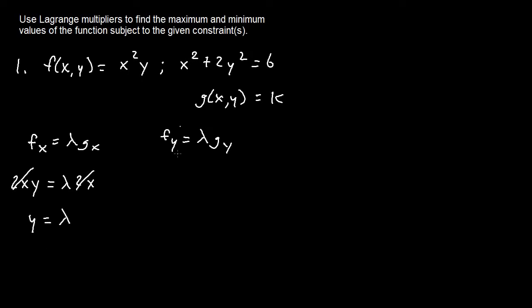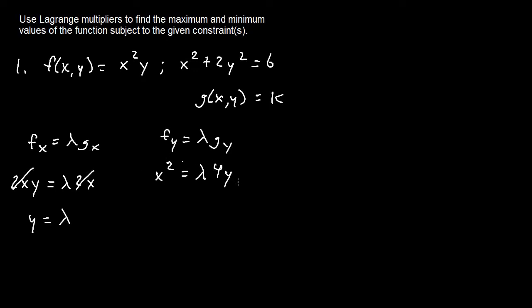Now let's solve the next equation here, f sub y. The partial derivative of the function with respect to y is going to be x squared, since y is the variable and x is going to be a constant. That's going to equal lambda times g sub y, so the partial derivative of our g function with respect to y. The derivative of x squared is 0, and the derivative of 2y squared is positive 4y.